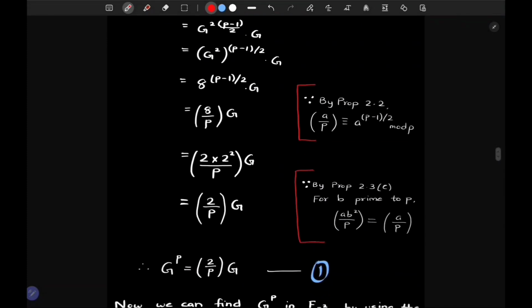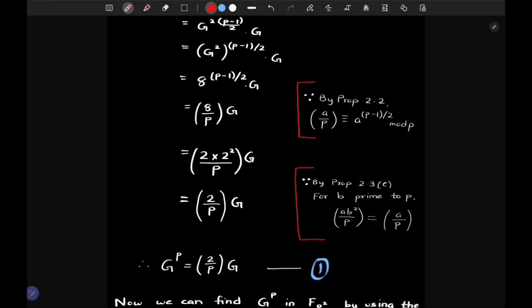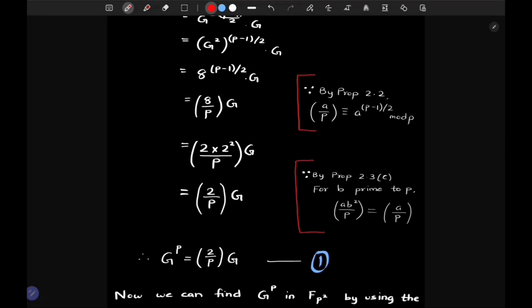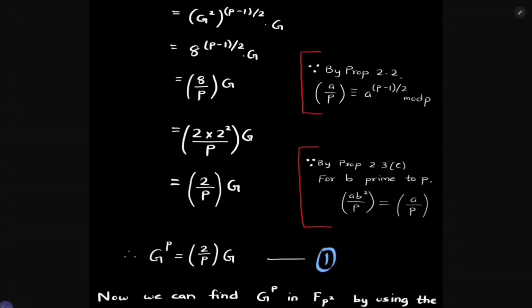Now by proposition 2.2, we learned that a by p is congruent to a raised to p minus 1 by 2 mod p. So we can write 8 raised to p minus 1 by 2 as 8 by p. Now in the next step, I am writing 8 by p as 2 into 2 square by p. By proposition 2.3 property C, if b is prime to p, we can write a b square by p equals a by p.